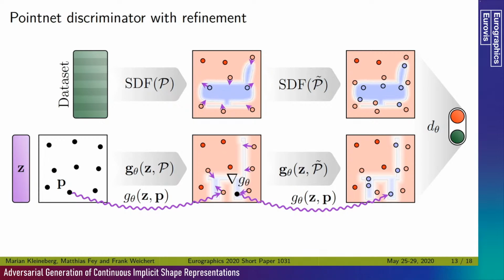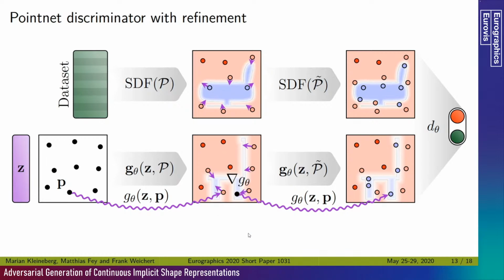Now we use our generator network again to predict signed distance values for these updated points, and then this is fed into the PointNet discriminator network. The discriminator can now make its decision based on the signed distance values as well as the structure of the point cloud. The position update we did earlier is differentiable because it only uses the output of the neural network.